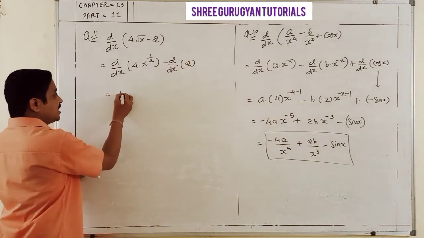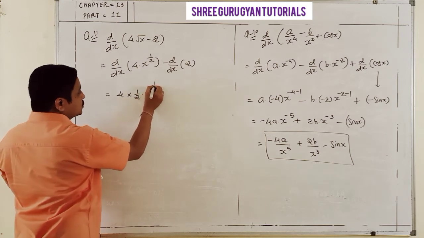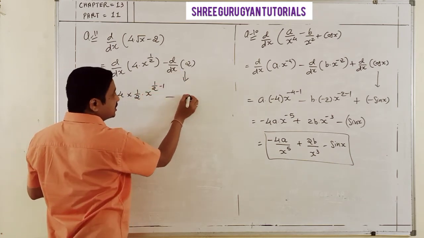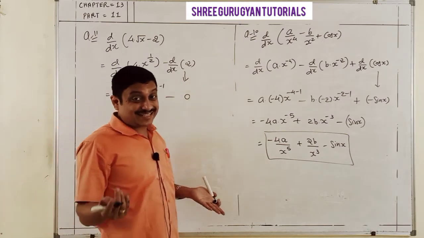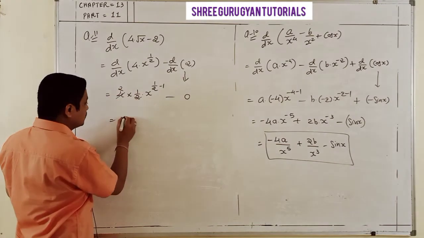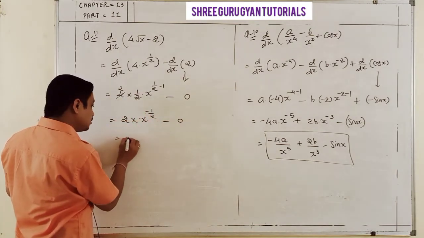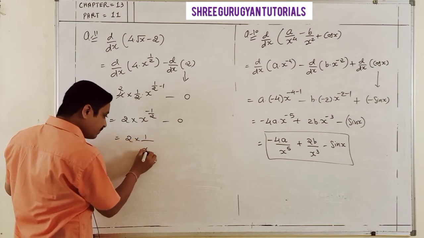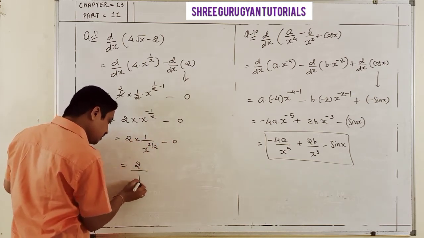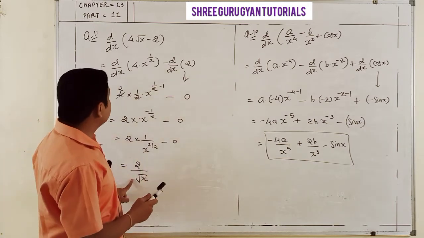So 4 stays the same, and the derivative is half x raised to half minus 1. And the constant derivative, students, you know very well, is exactly 0. So the 2's cancel, giving 2x raised to minus half. In short, my answer is 1 by x raised to half. So it becomes 2 root x. So your final answer is, students, 2 by root x.